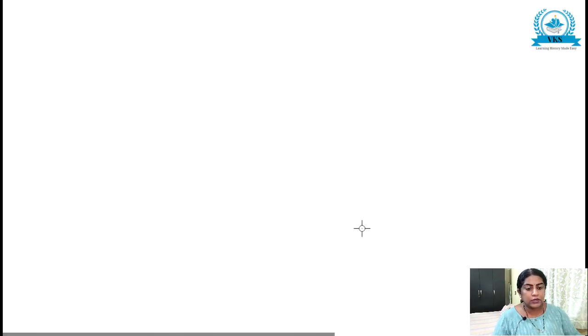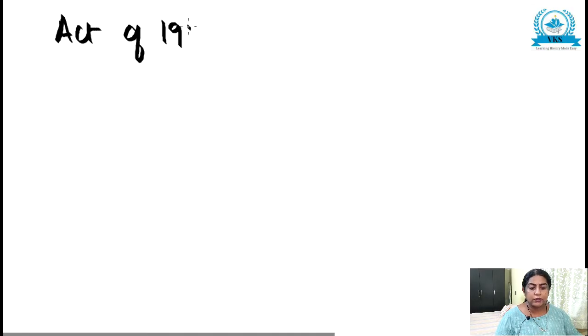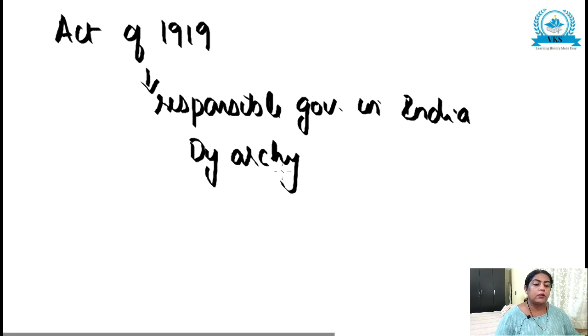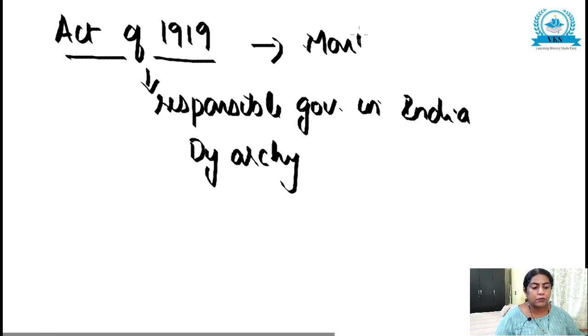Now the second act which we saw is the Montague-Chelmsford Reform, the Act of 1919. This indicates responsible government in India and introduced diarchy. That was a very important thing introduced by the Act of 1919. Here I will write: Montague-Chelmsford report.